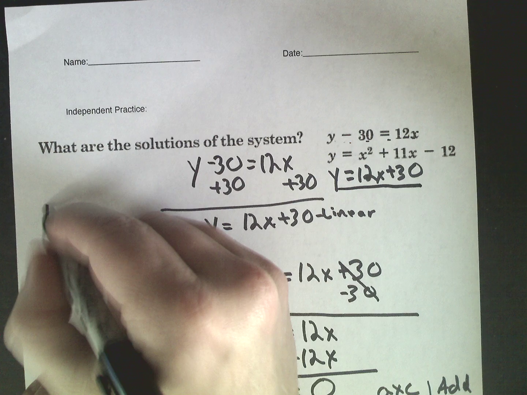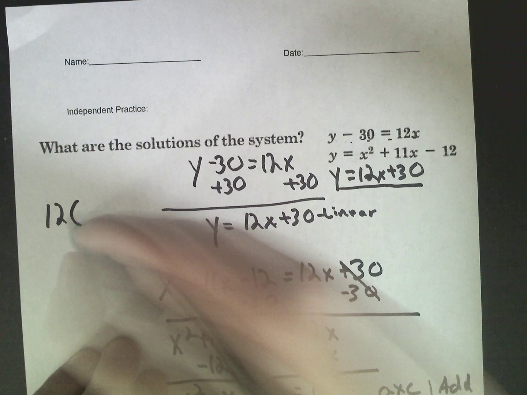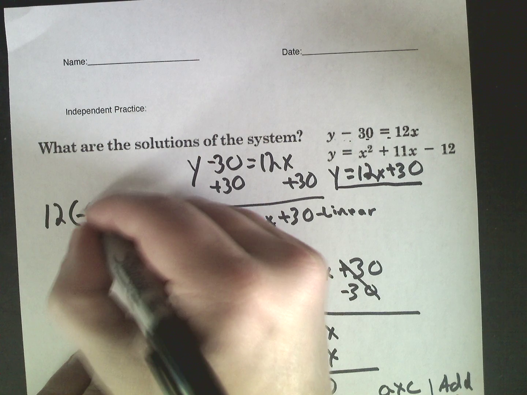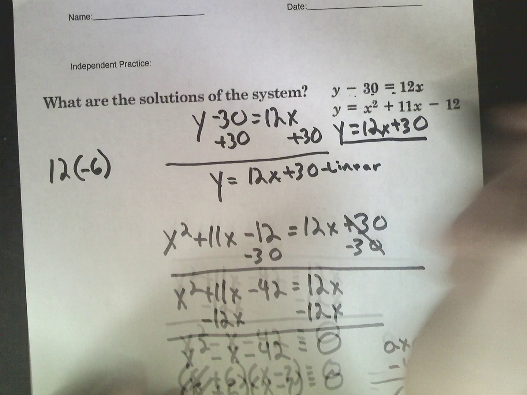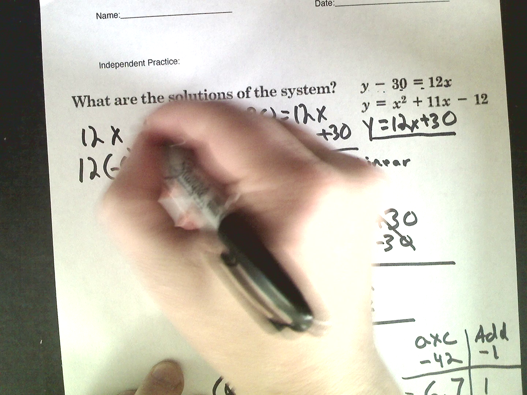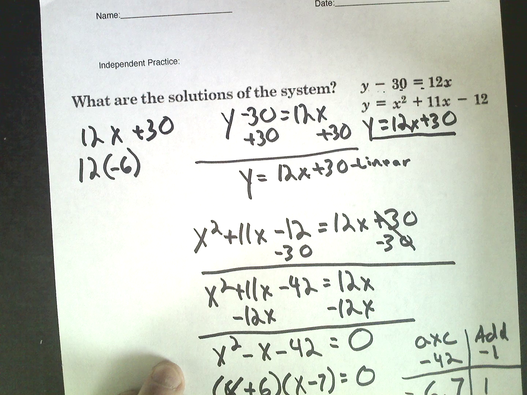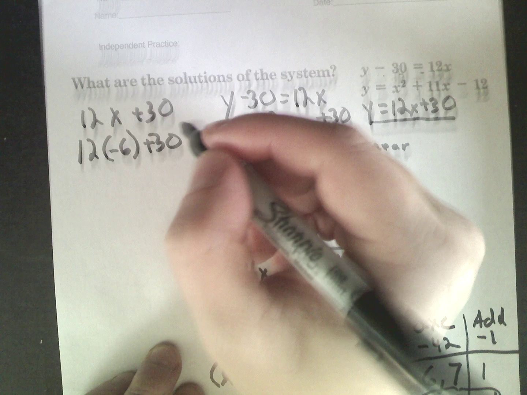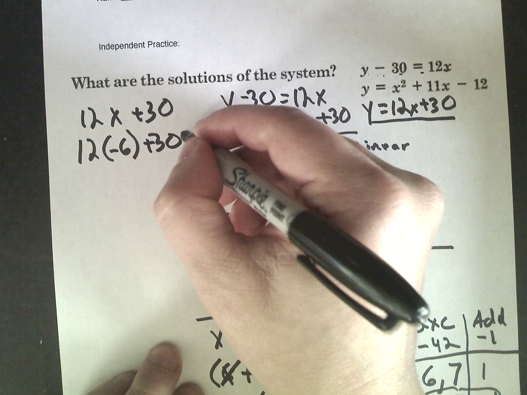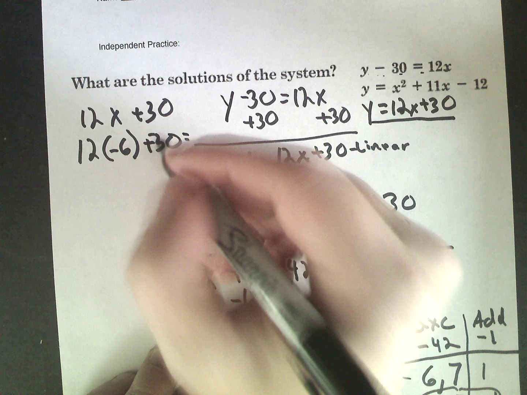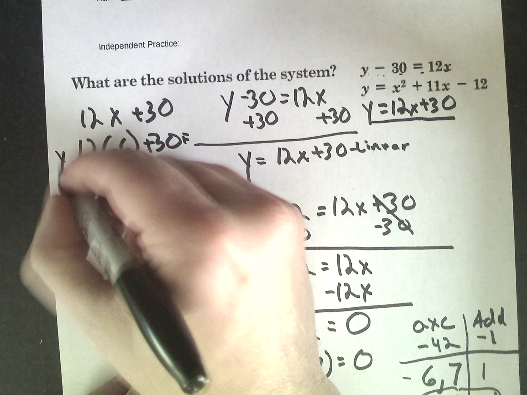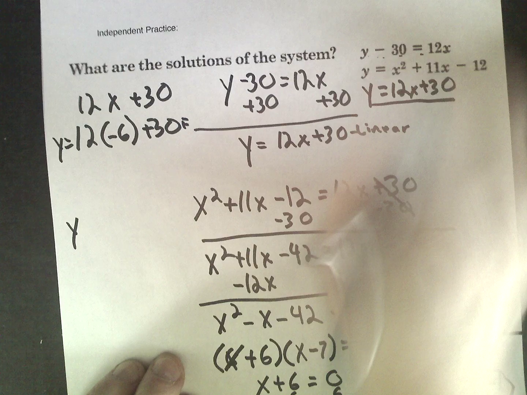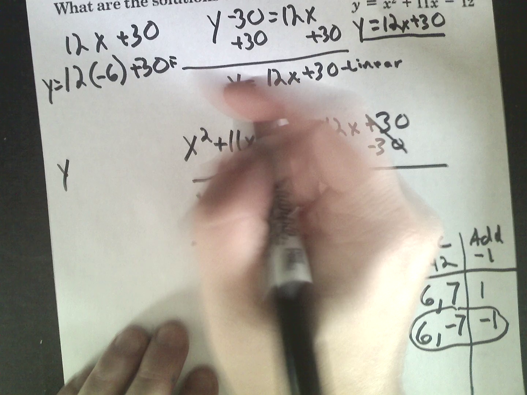So I can do 12 times negative 6, my first x, substitute it in, put it in the calculator, and I'll get an answer. And to get my other y, I'm substituting in a positive 7.